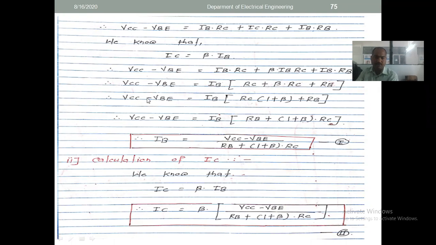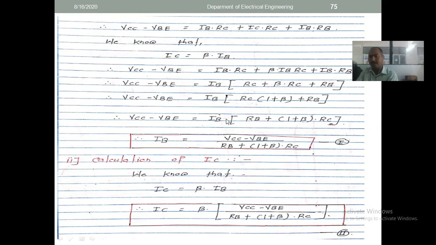So VCC minus VB is equal to IB, taking RB first: RB plus 1 plus beta into RC. Why do we do this?